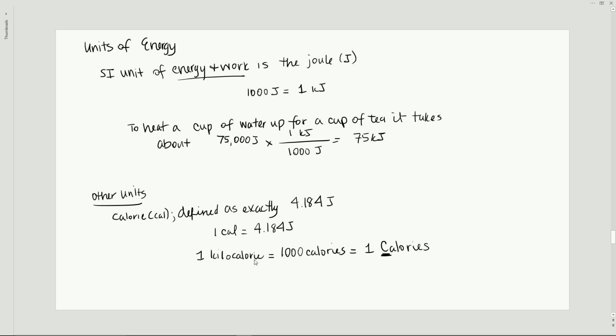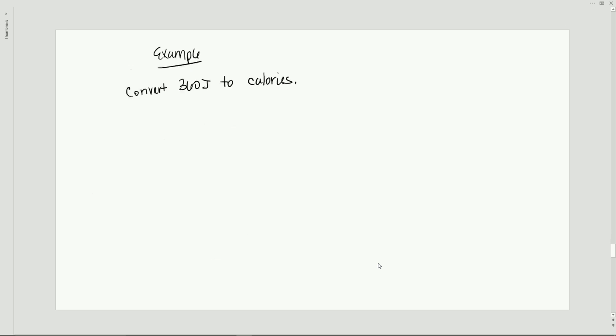So there are 1,000 calories, lowercase c, for every one capital C Calorie. We'll talk a little bit more about that in the next section, which is going to be on energy and nutrition.